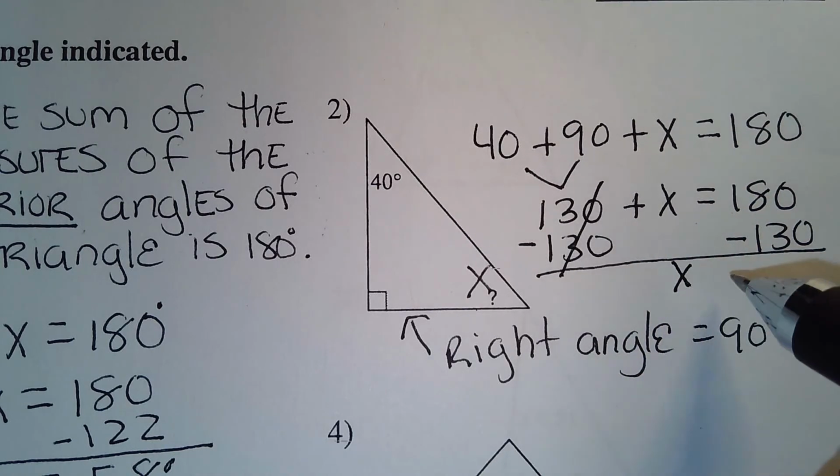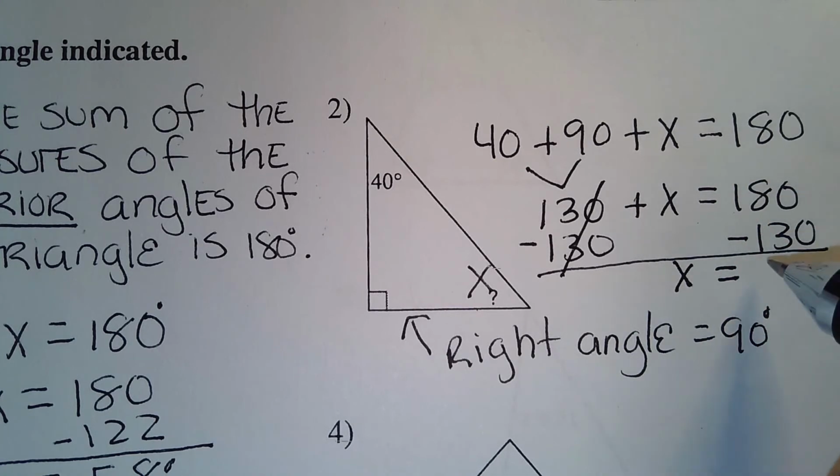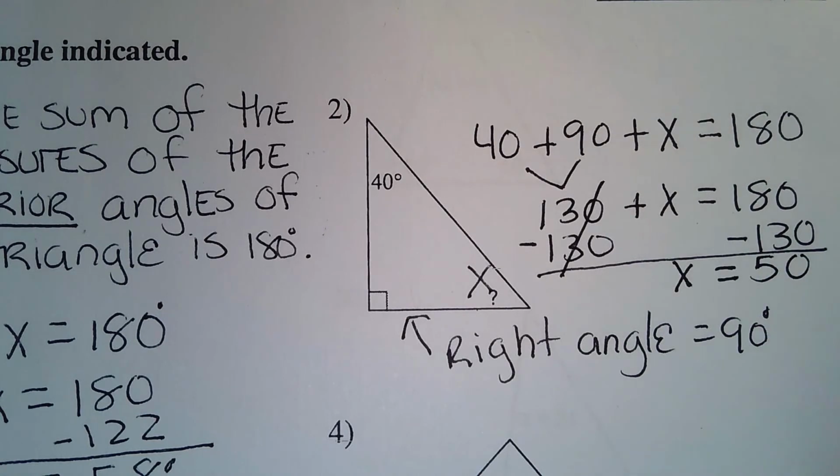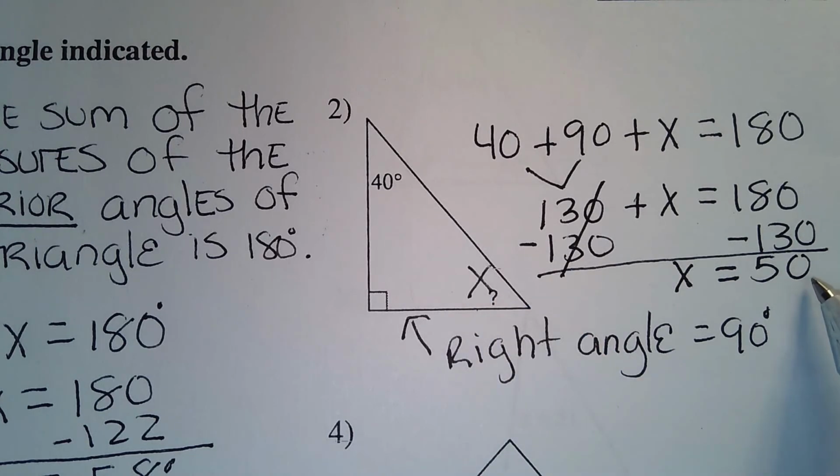Bring down my X, and that's going to equal 180 minus 130, which simplifies to 50. So the measurement of my missing angle is 50 degrees.